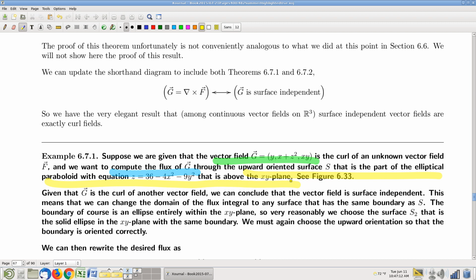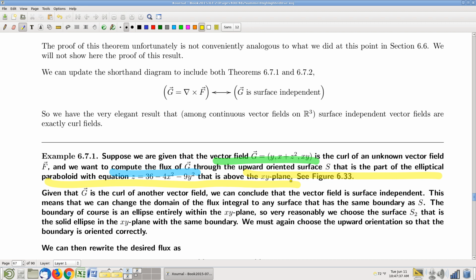You could chapter 5 this problem. It's not hard to parameterize. After all, the surface is a graph. You could use the graph parameterization, and then take a deep breath and get your nose down in there and plow through it. It wouldn't even be that bad, I suppose. I mean, it's just polynomials. There's probably going to be some square roots showing up, but it looks kind of doable.